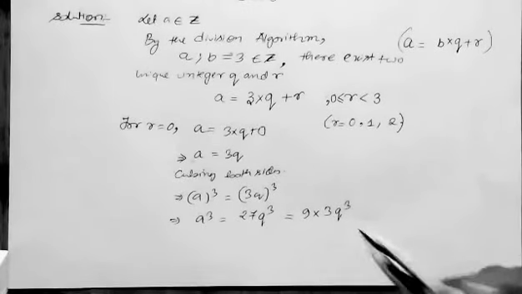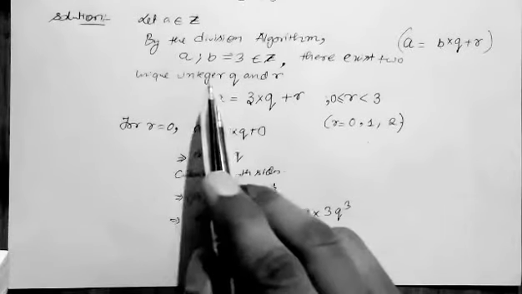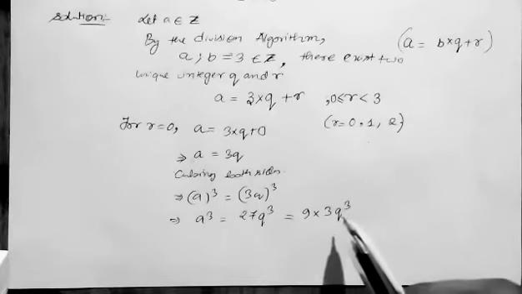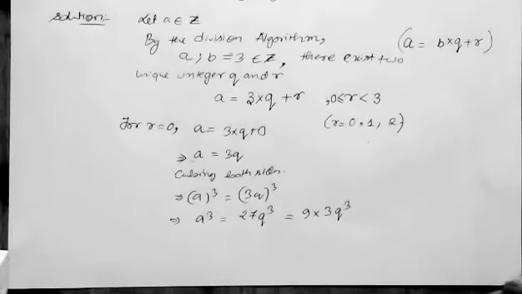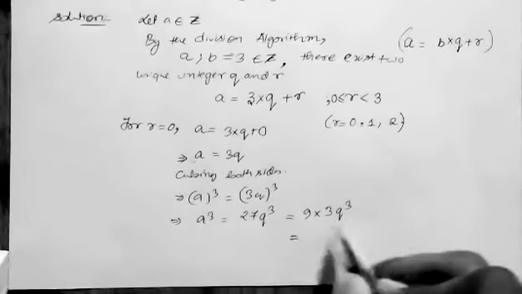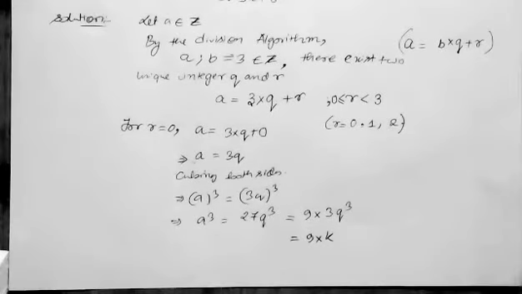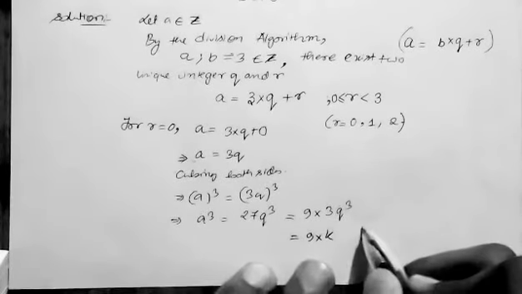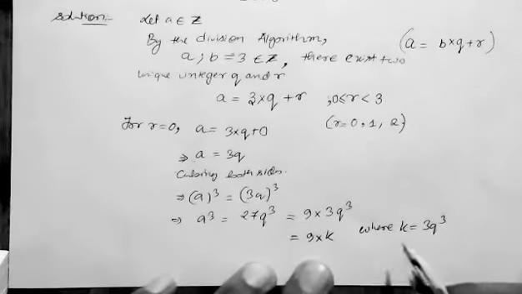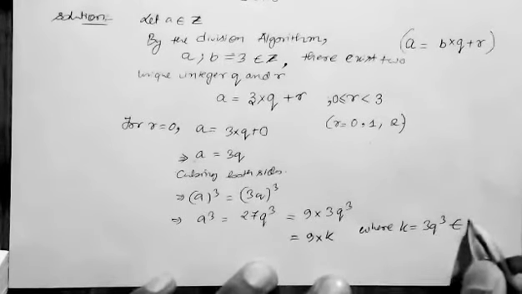And we know that 3 is an integer, and q is an integer, as we have considered q to be a unique integer, right? As q is an integer, this whole term 3q cube will also be an integer. You can replace it by some other integer, say 9 into k, where k is equal to 3q cube, and this term is nothing but an integer.